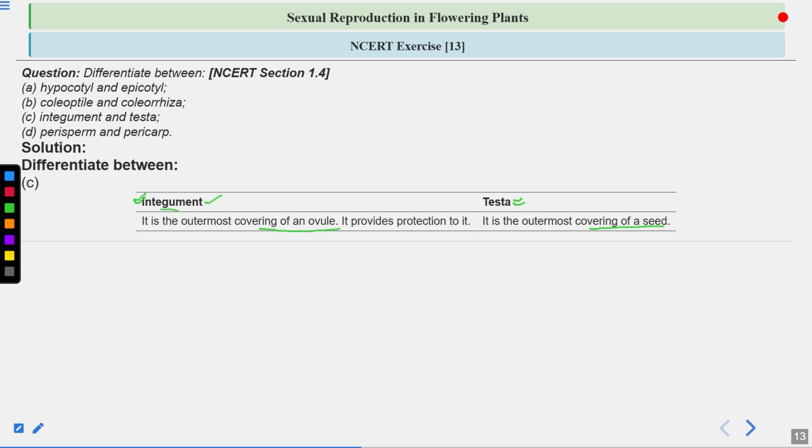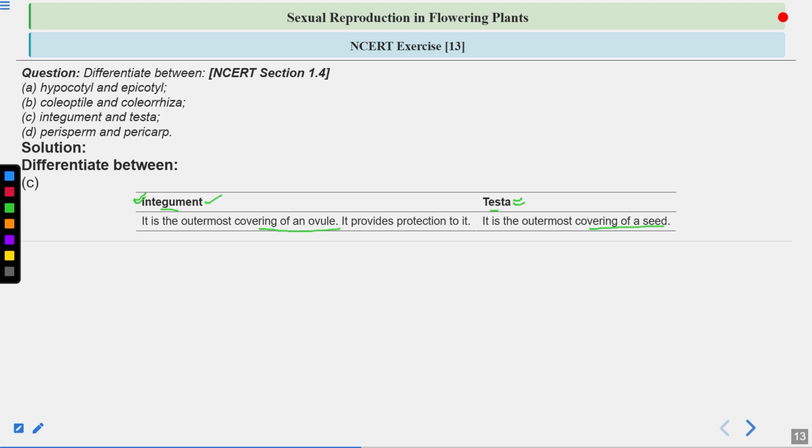The integument is what covers the ovule when no fertilization has taken place. The ovule has the covering integument. And when fertilization takes place, the outer integument transforms into the testa.